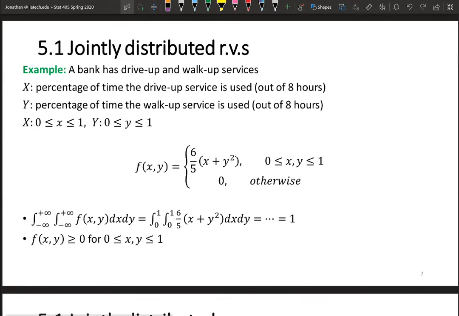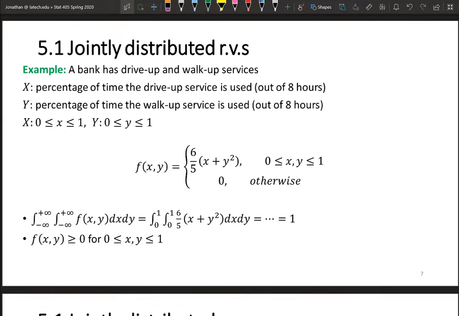All right, now an example. Let's do this example. It says a bank has a drive up and a walk up service. So you can drive through, or you can walk up inside. X is the percentage of the time the drive up service is used out of 8 hours, and Y is the percentage of time that the walk up service is used out of 8 hours. And we're going to say X is between 0 and 1, Y is between 0 and 1.